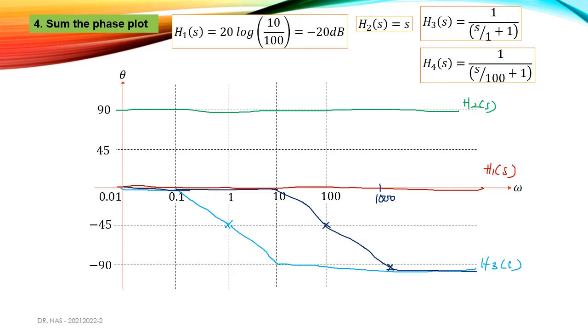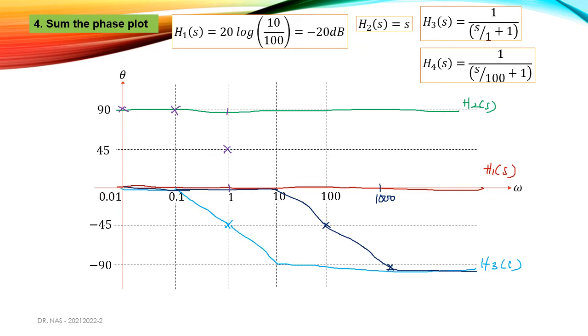So at omega equal to 0.01, you have 90 degree plus 0 degree, so it's 90 degree. And then at 0.1, you have 90 degree plus 0, again 90 degree. And then at omega equal to 1, you have 90 degree plus 0, minus 45, is positive 45.